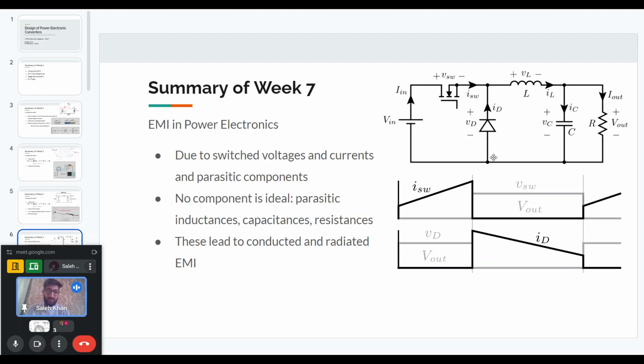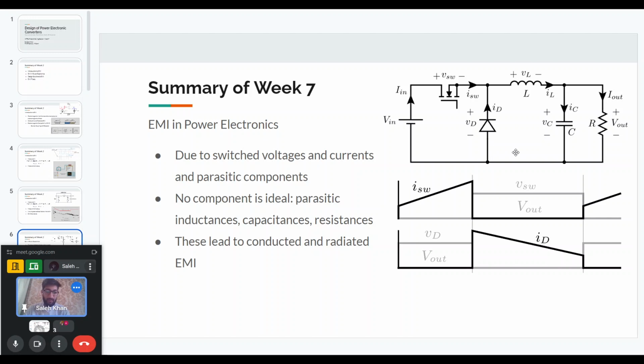If there is a parasitic inductance, and a changing current passes through it, we know from Faraday's law that a voltage will be induced across that inductance, whose value is given by the inductance times the change in the current, so L di/dt.